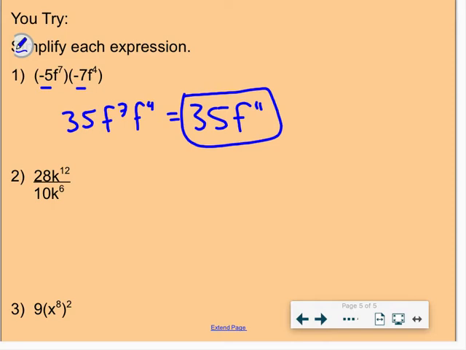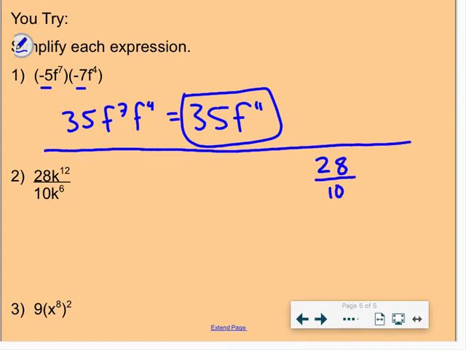Done. Now, the second one, we have 28k to the 12th over 10k to the 6th. First thing that we're going to do is reduce the 28 over 10. So what number goes into 28 and what number goes into 10?